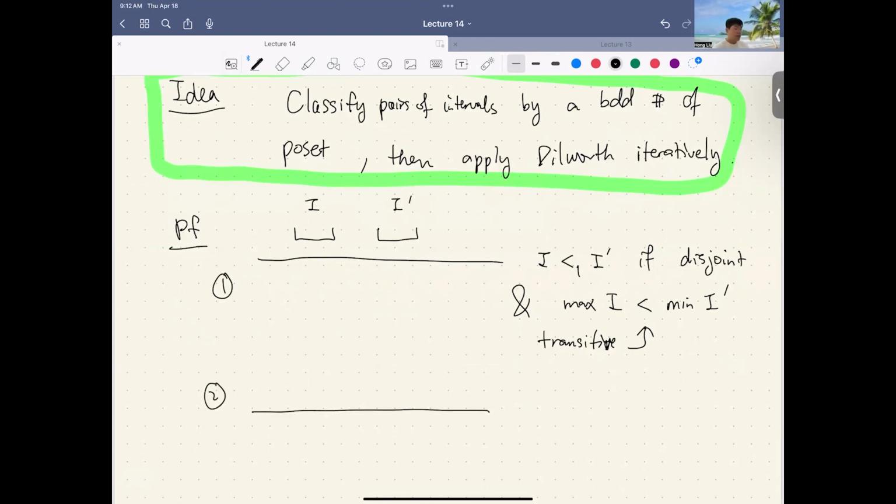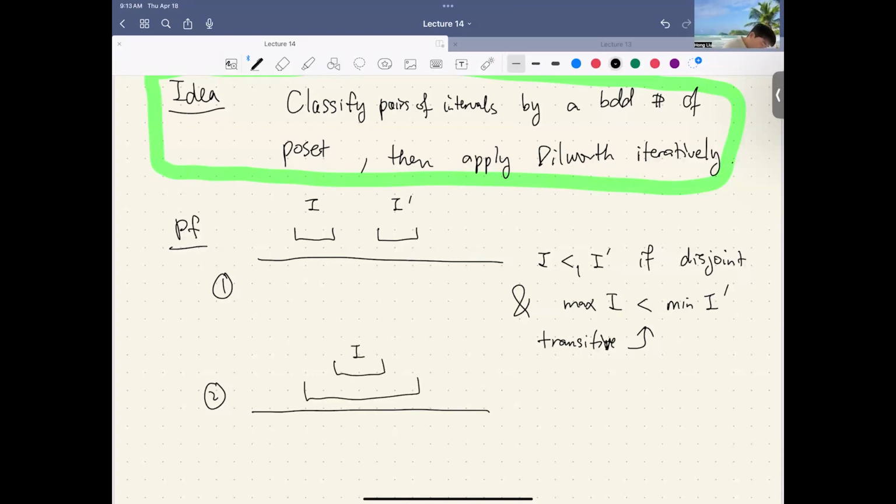The second one is, when we finish the disjoint ones, let's look at the intersecting ones. But we don't define comparability for every pair of intersecting ones. We only define those that are nested.